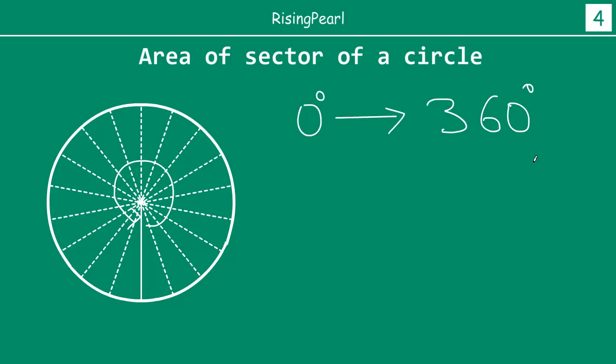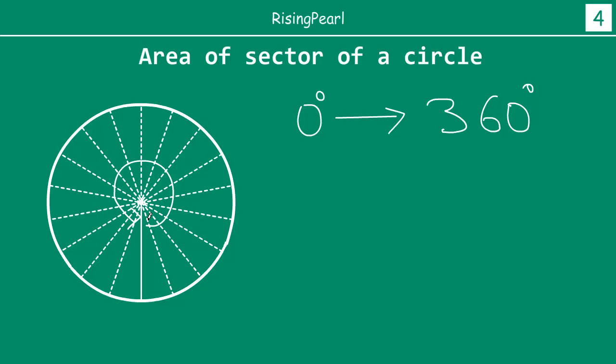We know that one full round covers 360 degrees. So as I move from 0 to 360 degrees, I am basically drawing a circle.